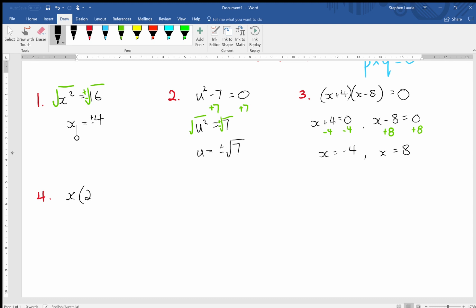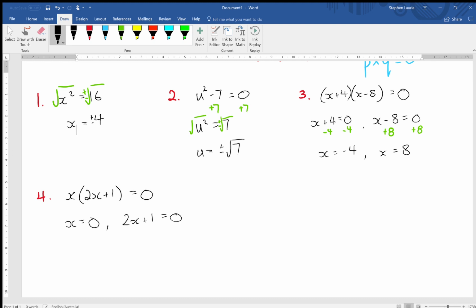x multiplied by 2x plus 1 equal to 0. Well, once again, we have two things equal to 0. First one is just x equal to 0, or we can set 2x plus 1 equal to 0.